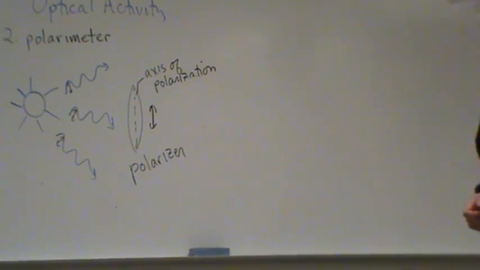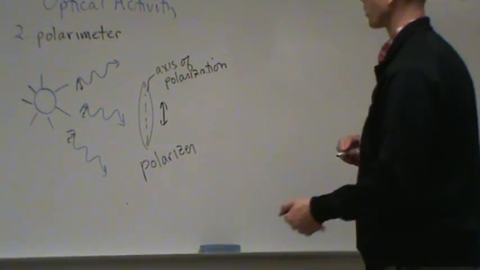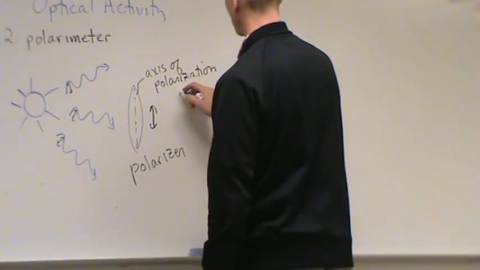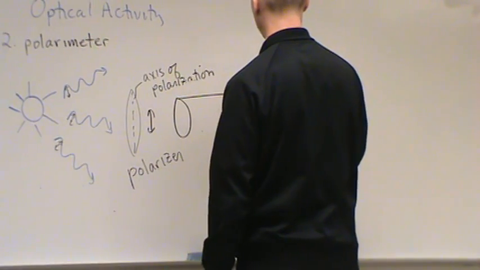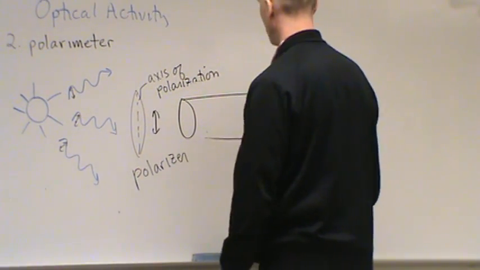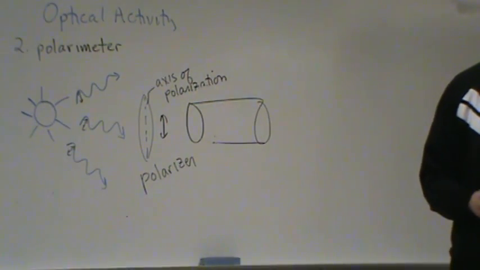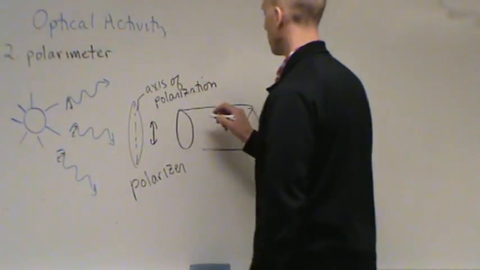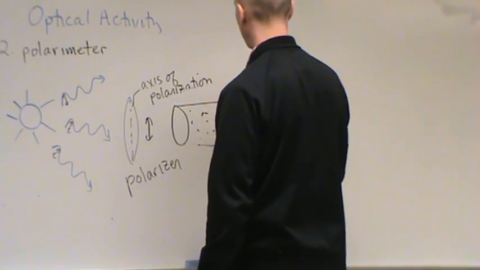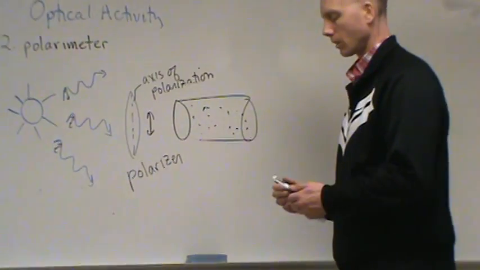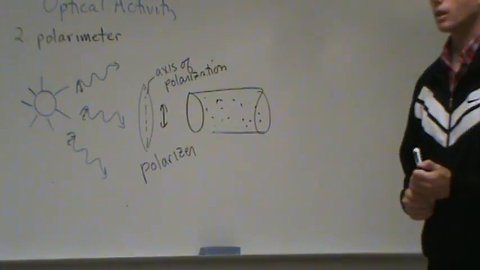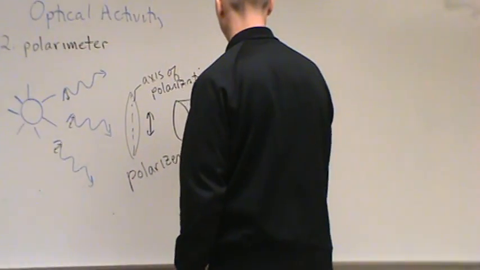What's additional here in the polarimeter is that now we're going to have this tube here, this glass tube. And inside the tube, we're going to have a solution of chiral molecules.